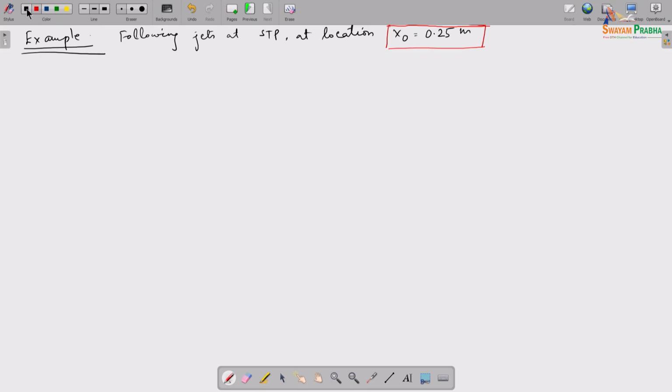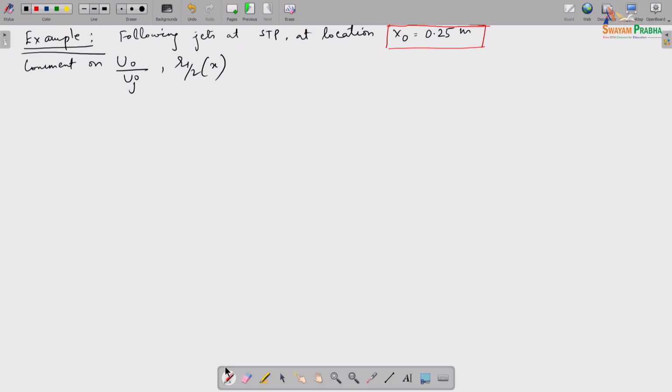Essentially we need to comment on u naught by uj, the central velocity by the jet velocity, and r half, which is the jet half width or the spread basically. So let us see. No, this is not the solution. Wait, there are actually 5 jets.